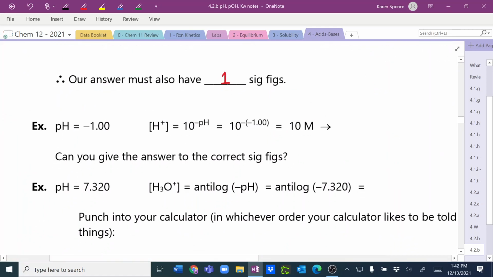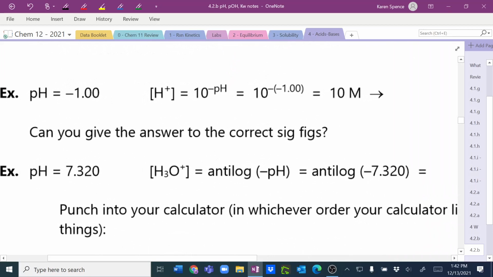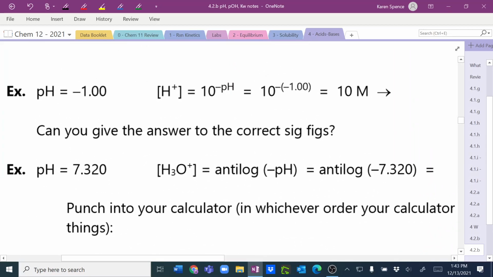Okay. So if we have a pH equal to negative 1.00, hydrogen ion then is equal to 10 to the negative pH. So that's negative negative 1. Yes, that's one of those weird pHs that's negative. Now, 10 to the negative negative 1 is just 10 to the 1.